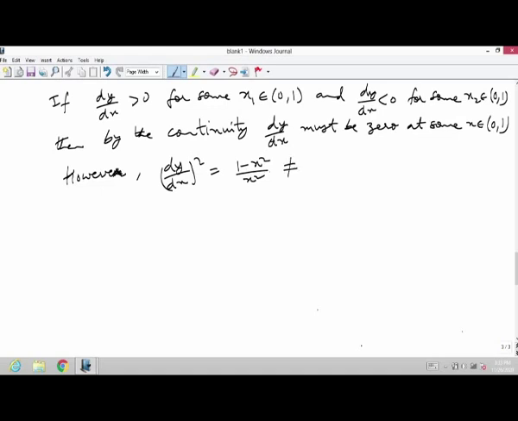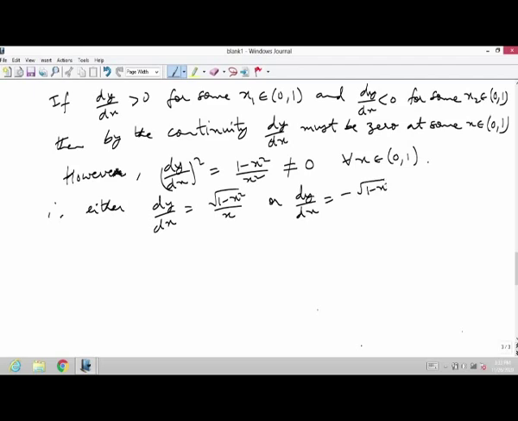This is non-zero for all x in the open interval (0, 1). So, therefore, either dy/dx is equal to square root of 1 minus x square by x, or dy/dx is equal to minus square root of 1 minus x square by x for all x in the interval (0, 1).